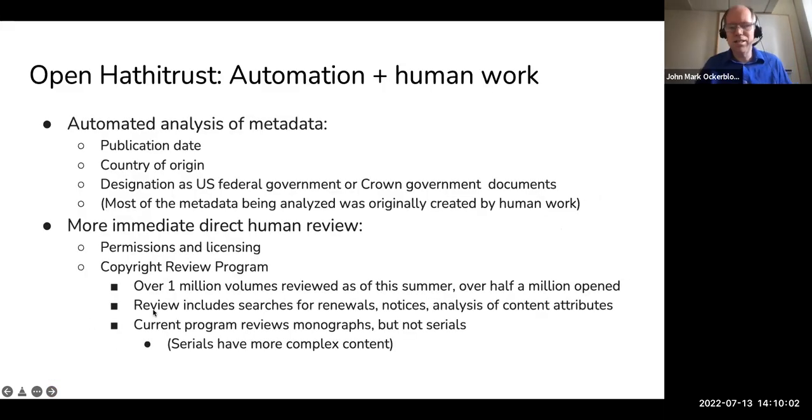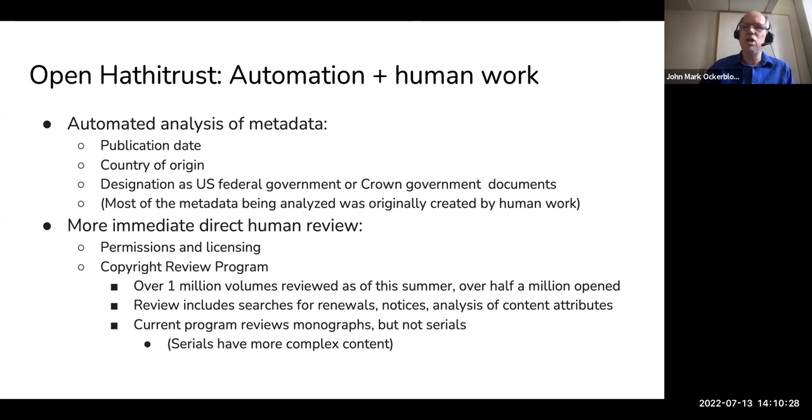So, HathiTrust, as you know, has a wealth of open volumes at this point, and that's thanks to a lot of metadata and a lot of work. There are over 7 million volumes, I believe, that are freely available in HathiTrust, in over 3 million specific cataloged items, such as serials and monographs.